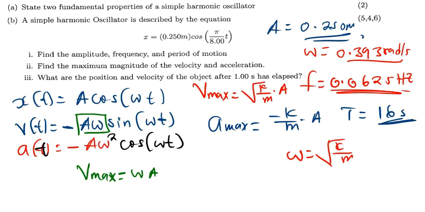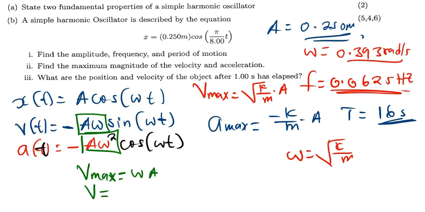Then the acceleration is going to be, you get these two. So that's the relationship between these formulas and these two formulas for the maximum velocity and the maximum acceleration. That is very, very important. So if I get just this and that, I'll be able to get the maximum velocity. Therefore my velocity will be w times a.